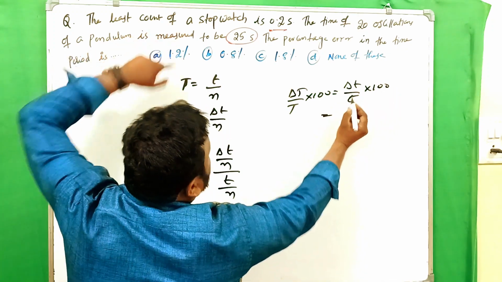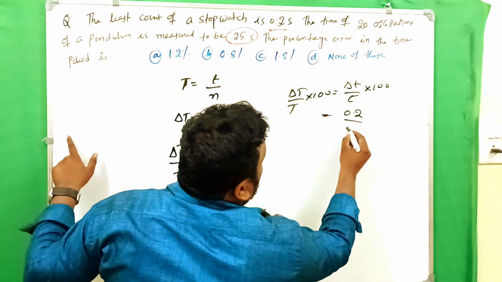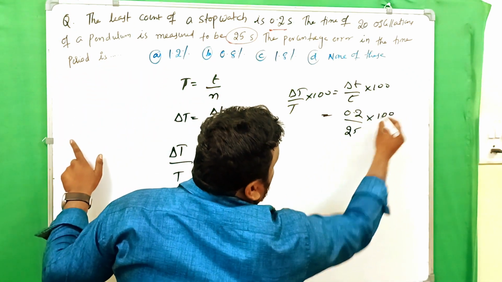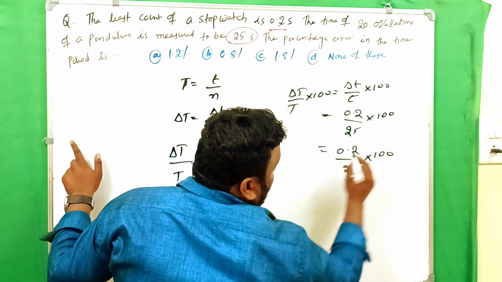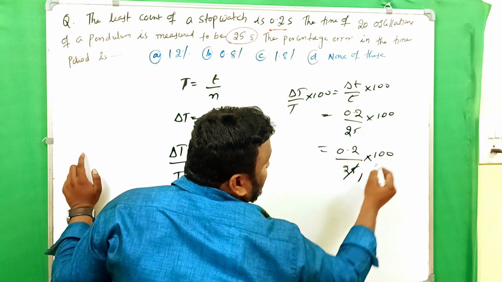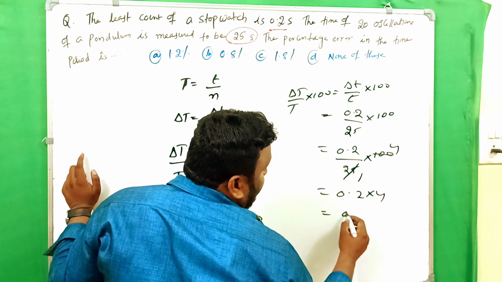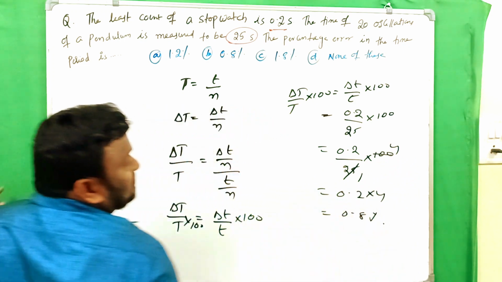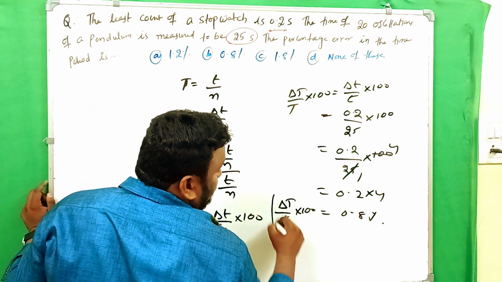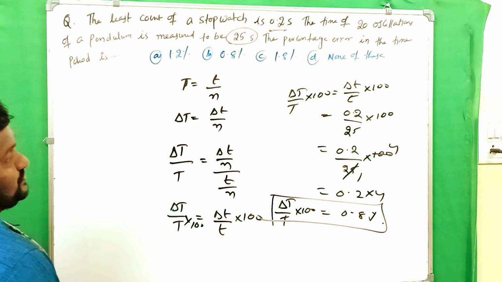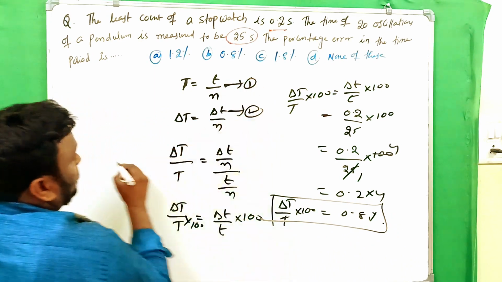Delta t is 0.2 and t is 25, so 0.2 by 25 into 100. 25 fours are 100, so it is 0.2 into 4. What do you get? 0.8 percent.